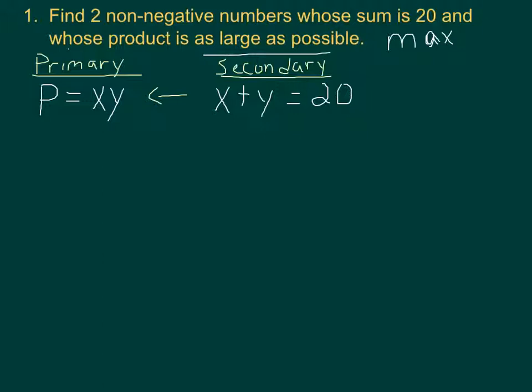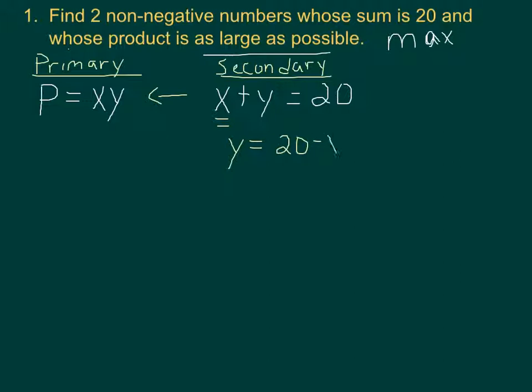It doesn't matter in most cases which variable you decide to get rid of. I'm going to keep my X just because I feel like it, which means I'm going to solve my secondary equation for Y. So Y equals 20 minus X.